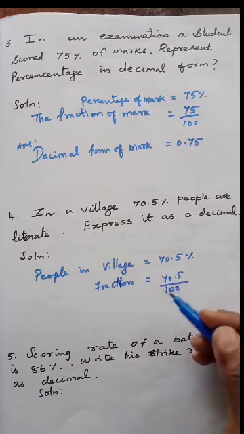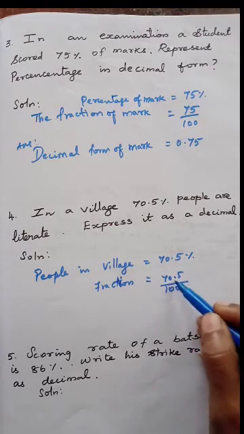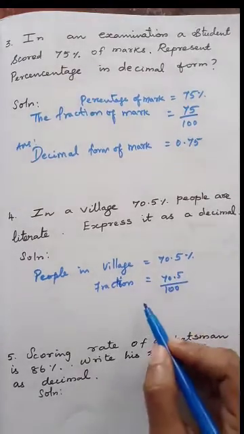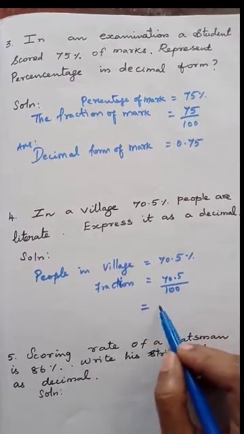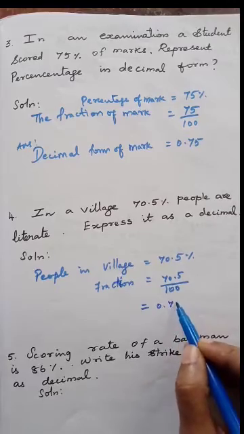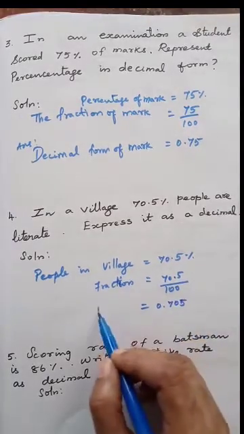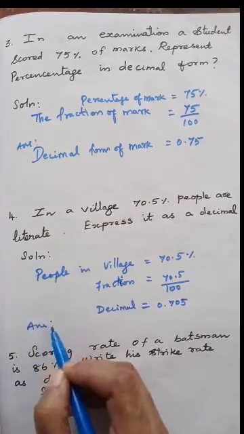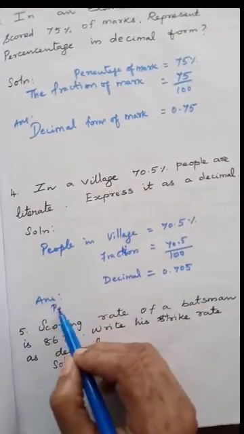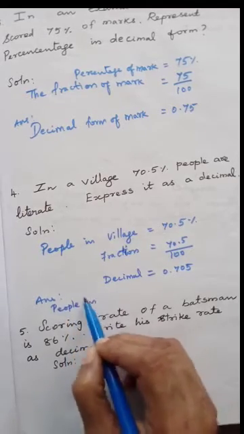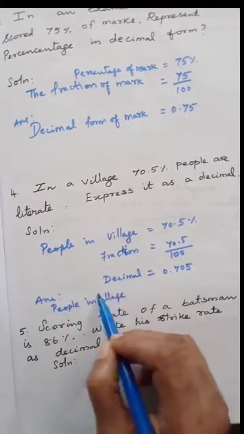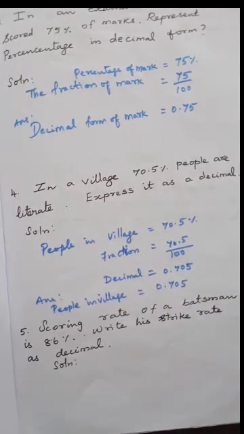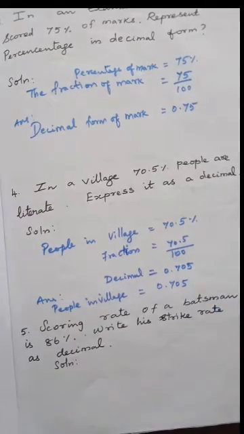Now you have to change this to decimal. Then by 100 means 2 digits, 1, 2. After 2 digits, this decimal will come. So 0.705. This is the decimal form of people in village.